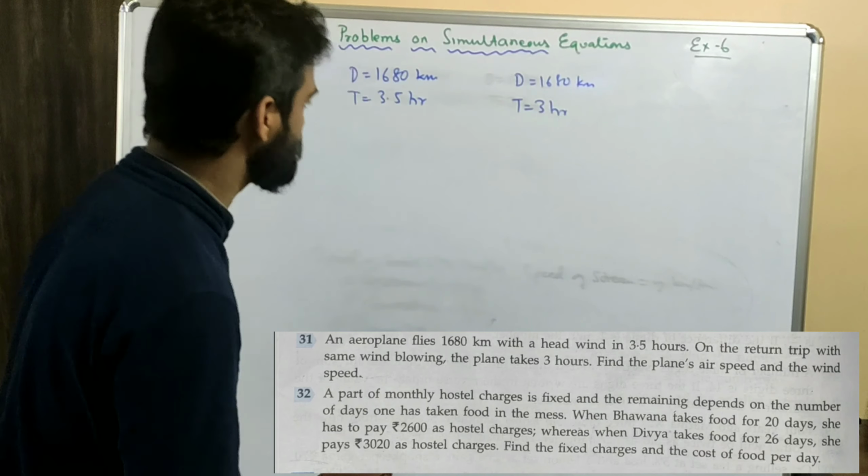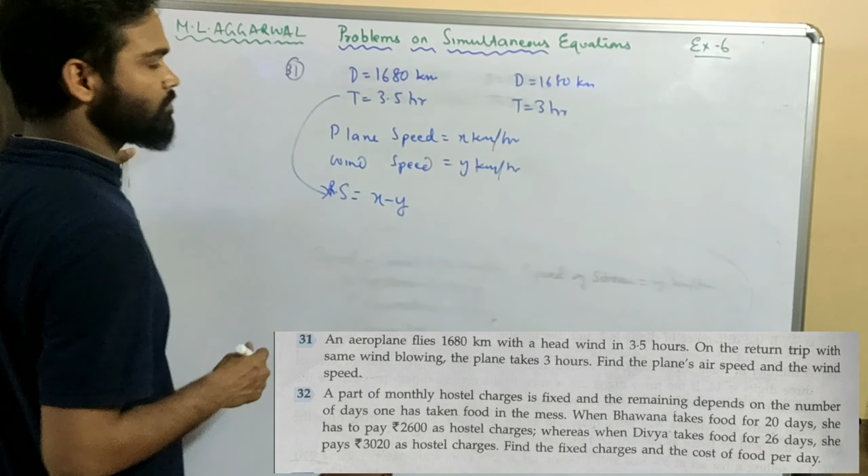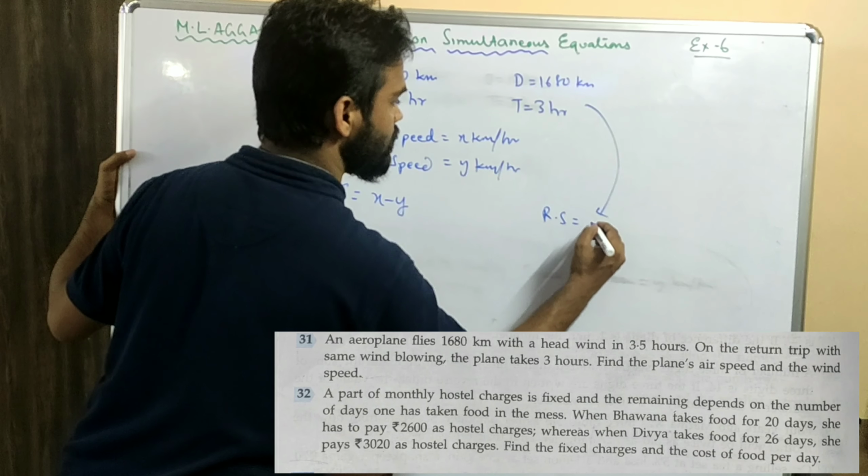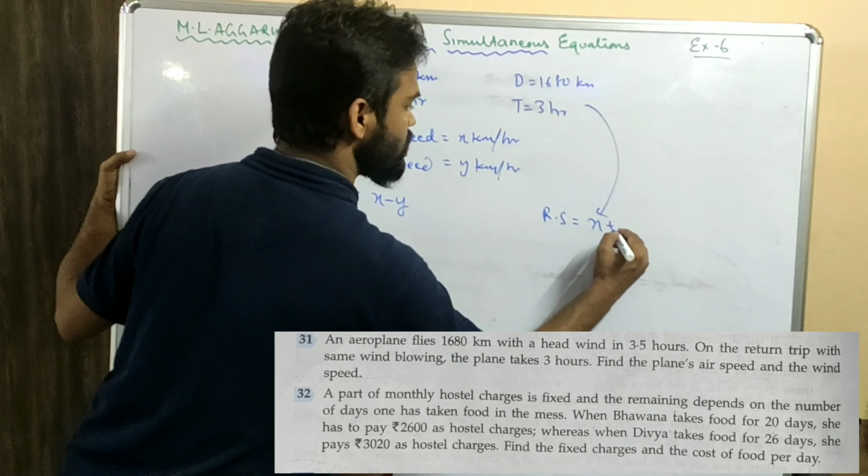Let the plane speed be x kilometer per hour and the wind speed be y kilometer per hour. In the first case, the relative speed is x minus y, against. In the second case, the relative speed will be x plus y.